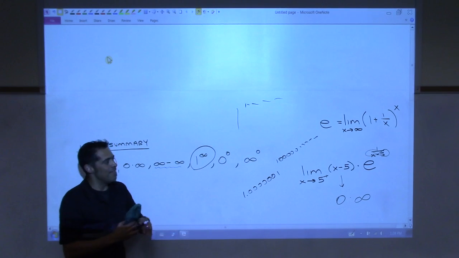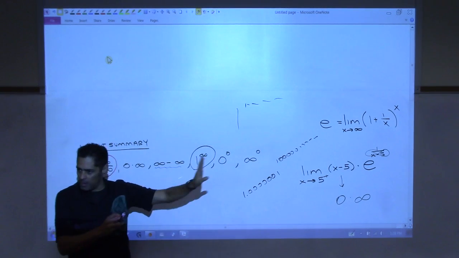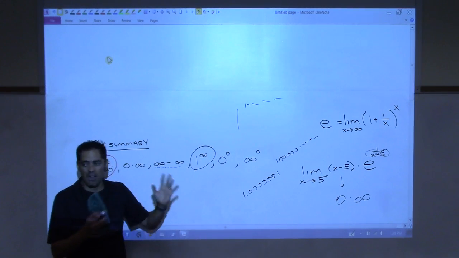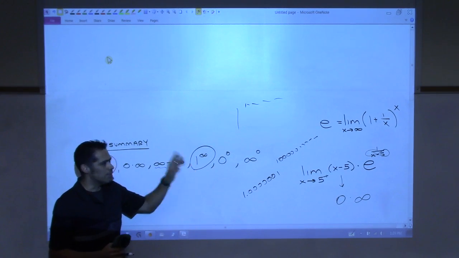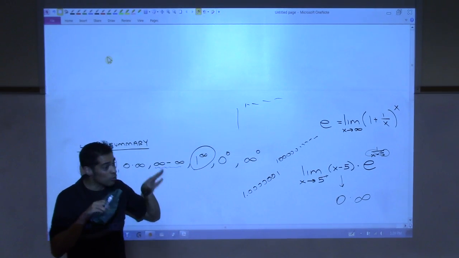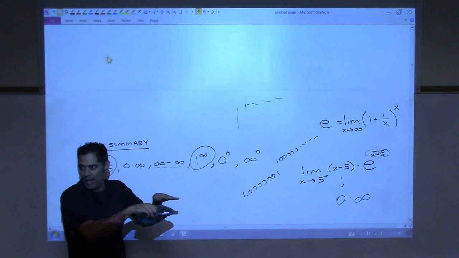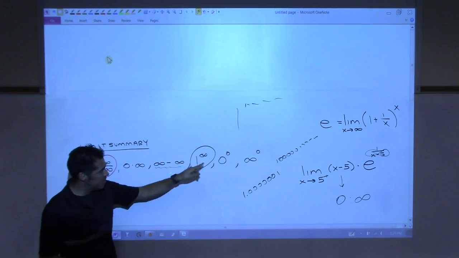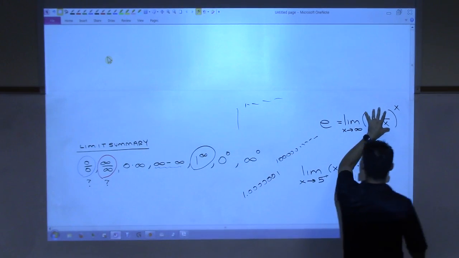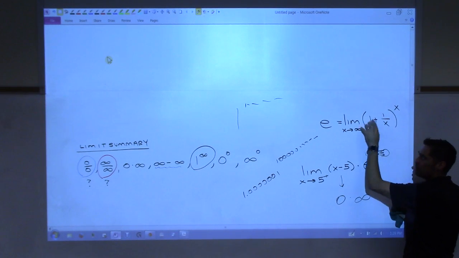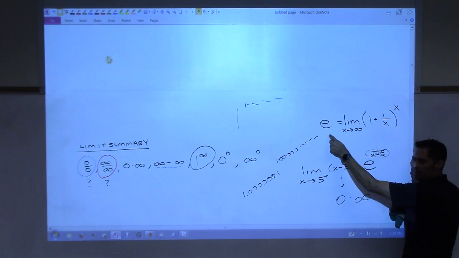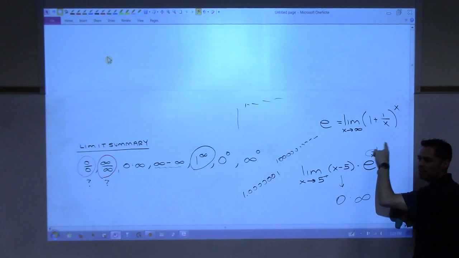Who wins? In that particular case, and only in that case, they compromise. They say, okay, look, you're stubborn, I'm stubborn. We're just going to agree that we're going to approach a value. And the value that this particular limit approaches, it converges to that number. That is the definition of E, 2.718.